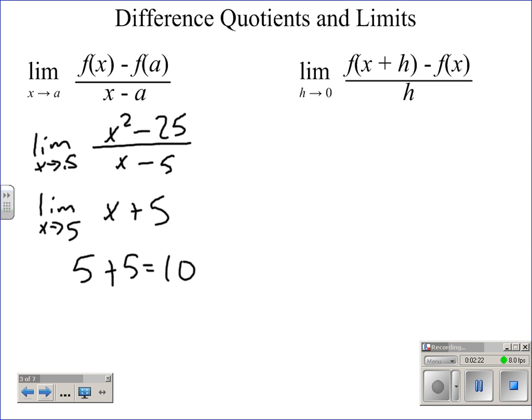To find the derivative function, we use the limit on the right. Again, substituting x squared for f of x, we can find the derivative function.